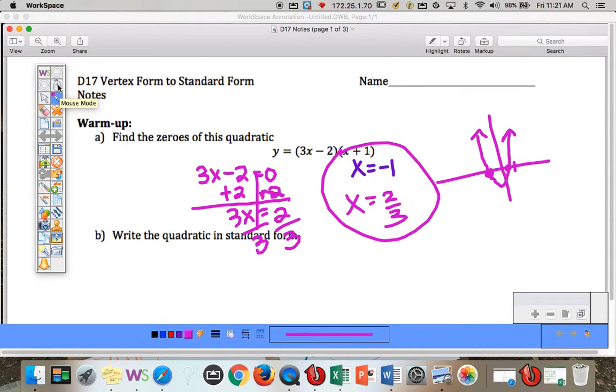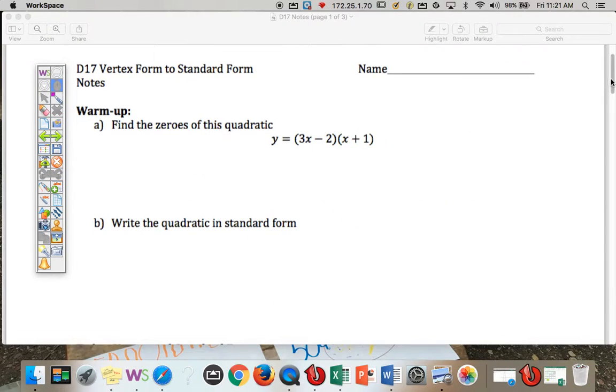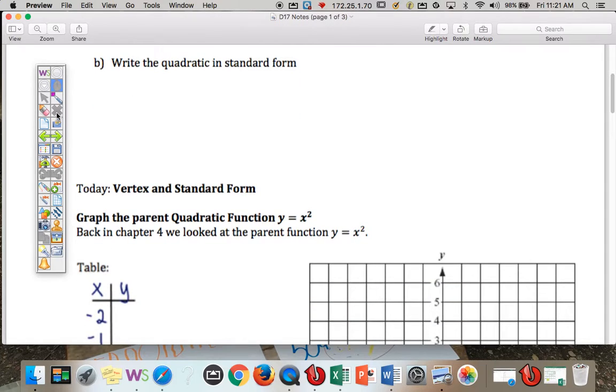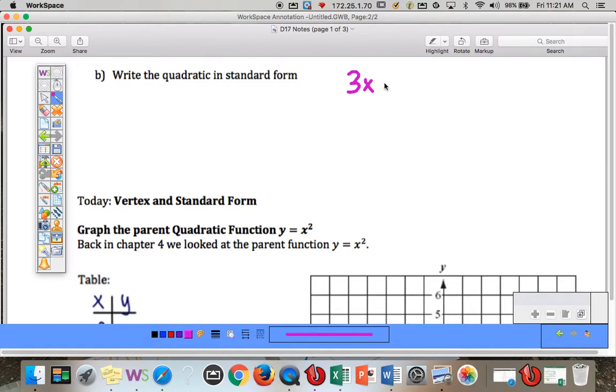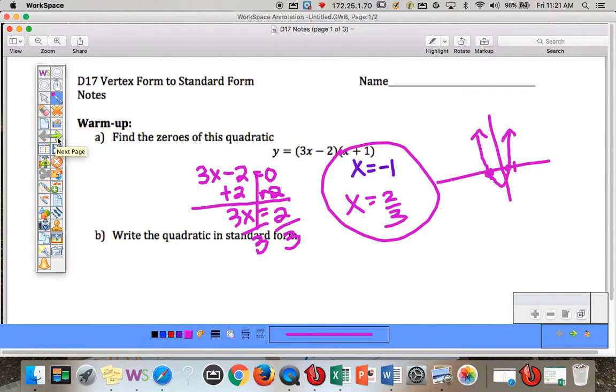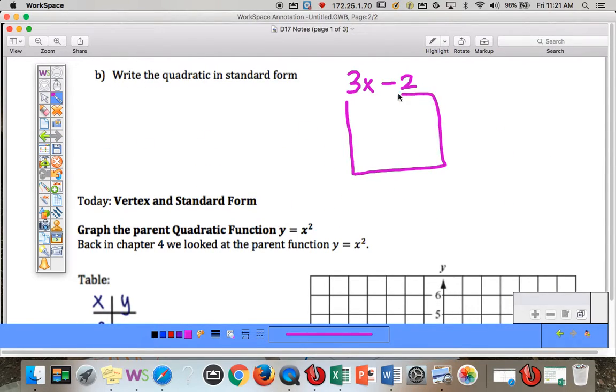We can write this quadratic in standard form, which means no parentheses, if we multiply it out. So again, it was 3x minus 2 times x plus 1, and get the inside. This would multiply to 3x squared.